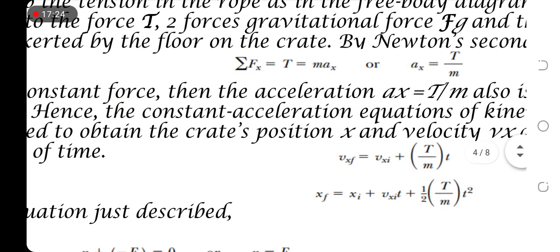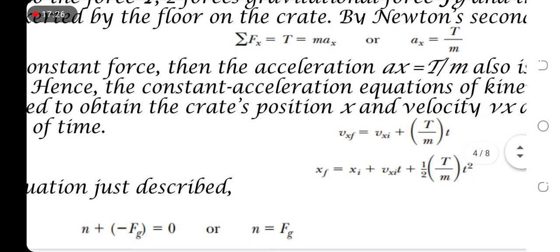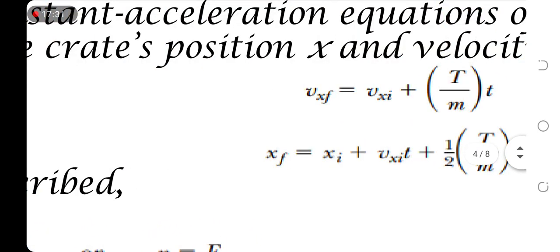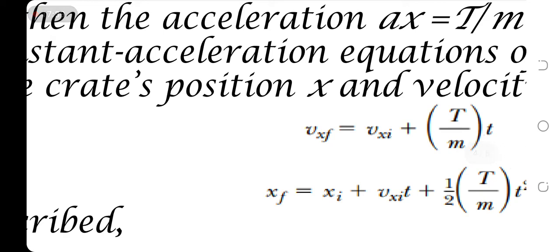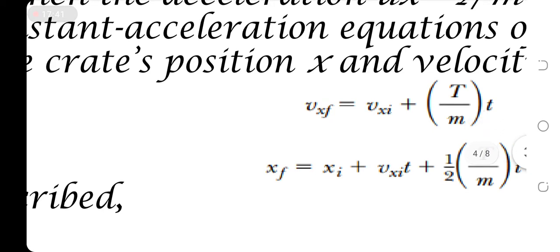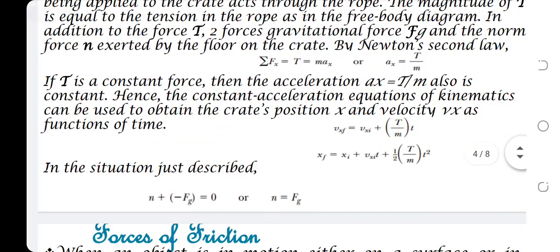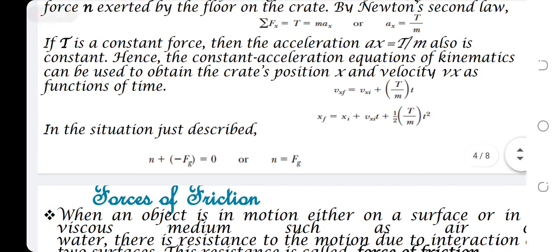We know the equation of motion along the horizontal: vxf equal to vxi plus ax t, and we have found the value of ax in the above relation. So the final velocity will be vxf equal to vxi plus T over m times t.